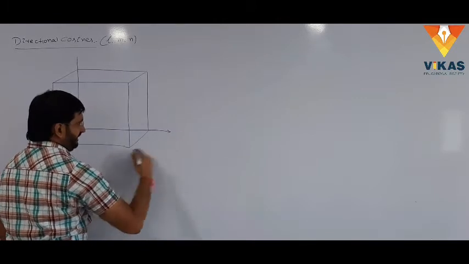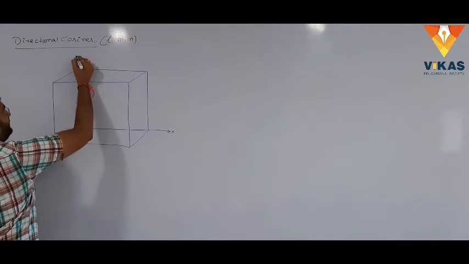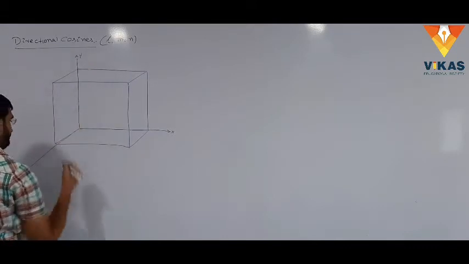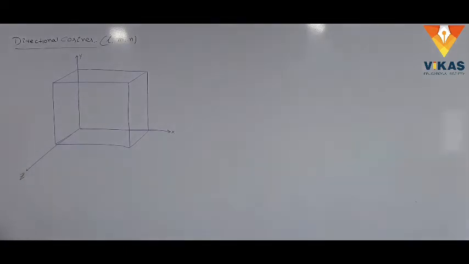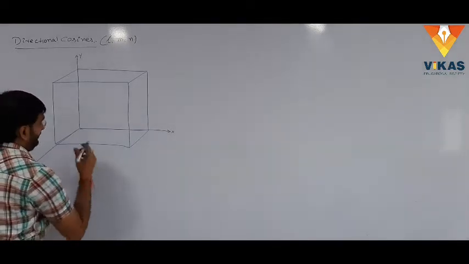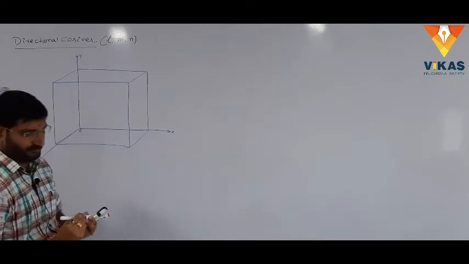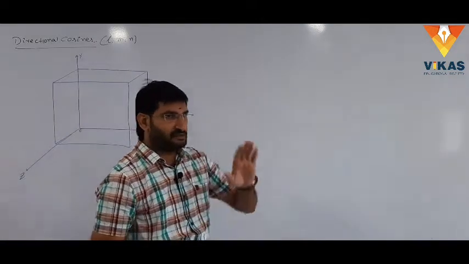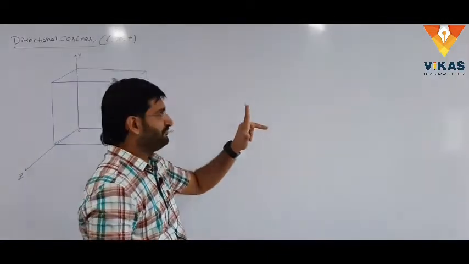The line which is parallel to earth is the x-axis. The line perpendicular to earth is the y-axis. The line perpendicular to those two axes is the z-axis. The intersecting point of all three axes is O. Dear students, generally the coordinate system in three-dimensional manner is like this.